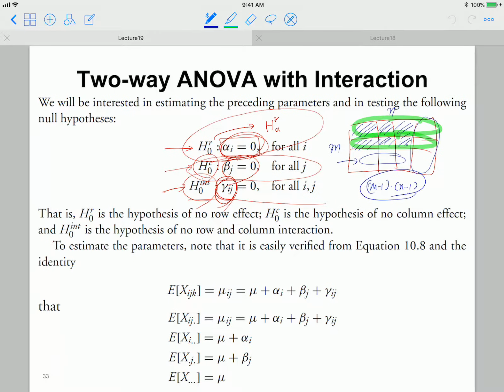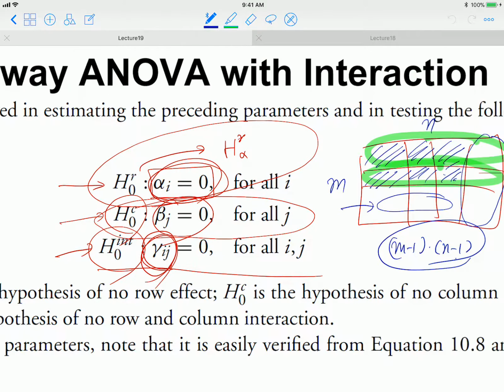Again, we can consider three separate hypothesis tests. The hypothesis testing for the first and the second hypothesis are exactly the same as the two-way ANOVA with no interaction, so without any interaction.